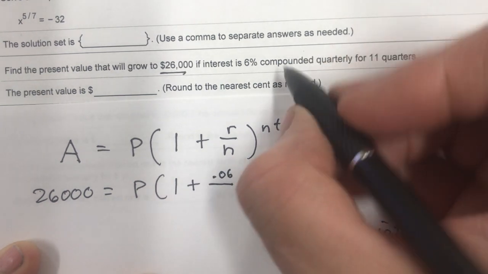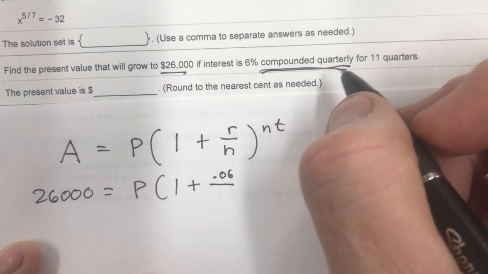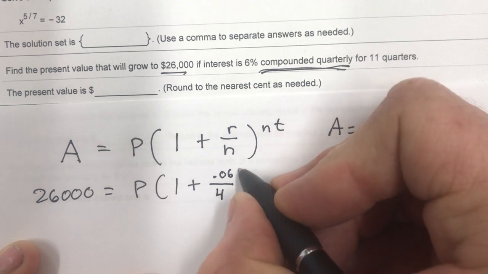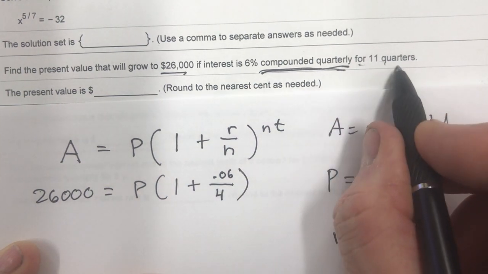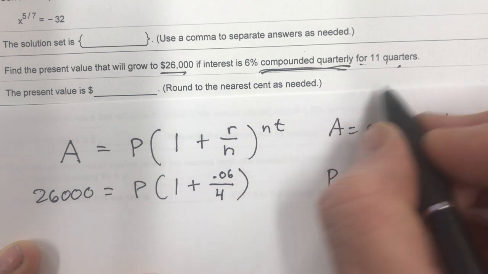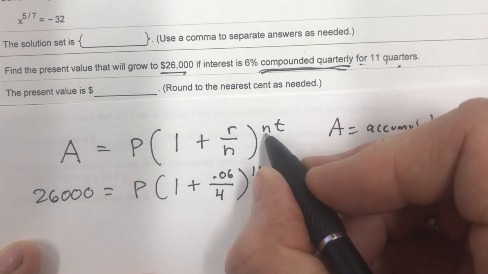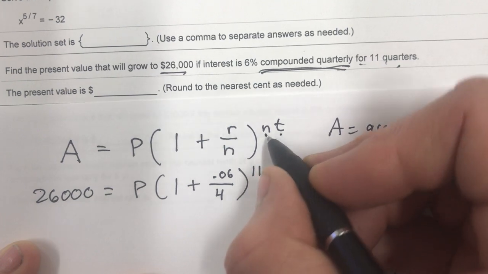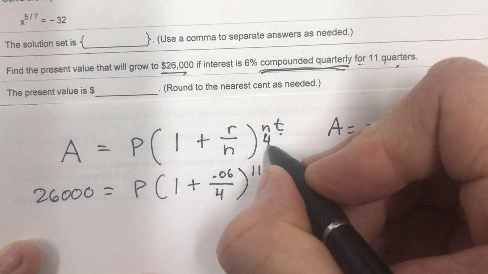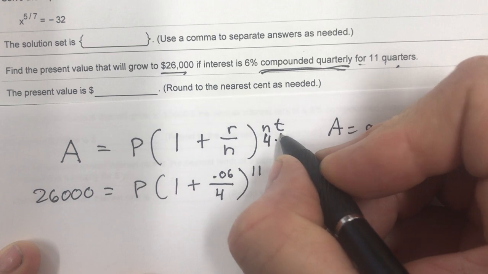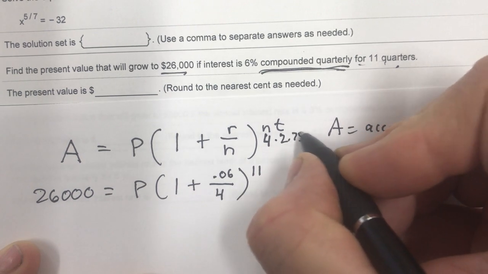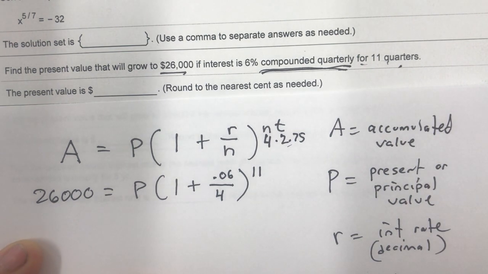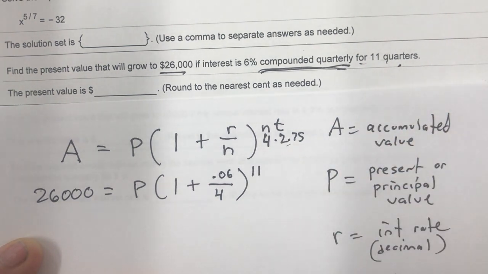It's compounded quarterly, which means 4 times in a year, so n is 4. And it says here there's 11 quarters, which means it's almost 3 years, but I'm just going to put 11 right there. This is n times t, which is 4 times your time, which in this case I believe is 2.75 years. If I multiply those, I get 11. But I just put 11.